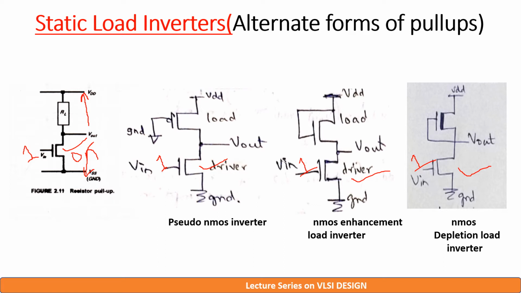Hence Vout will be a small output voltage, that is VOL. For NOT gate, when input is logic 1, the required output is logic 0, but since both pull up and pull down are on, the output we get is VOL.